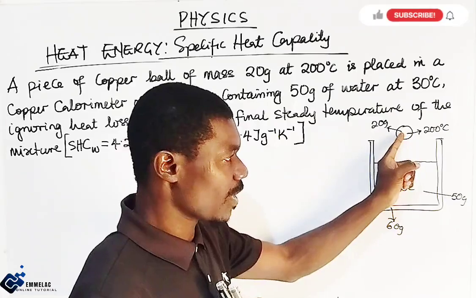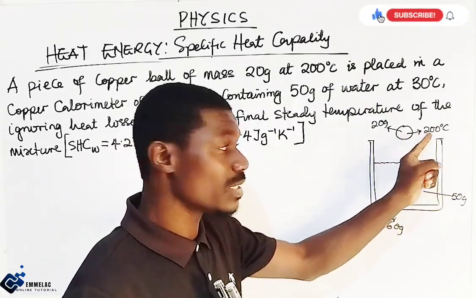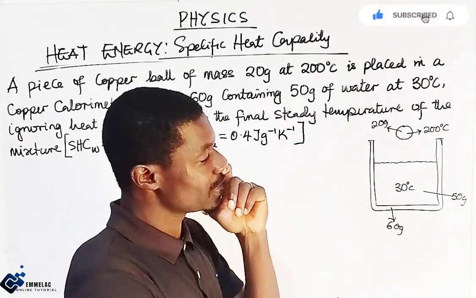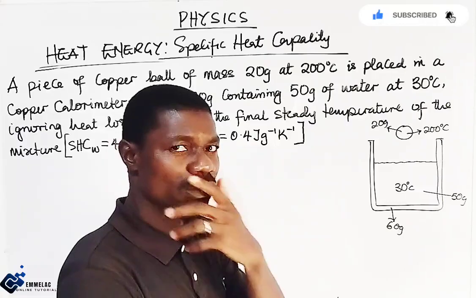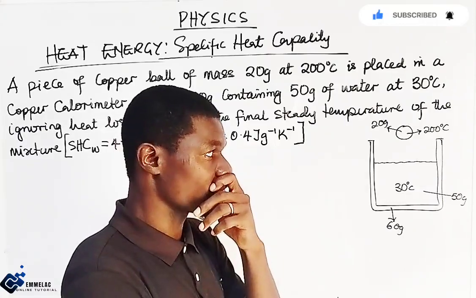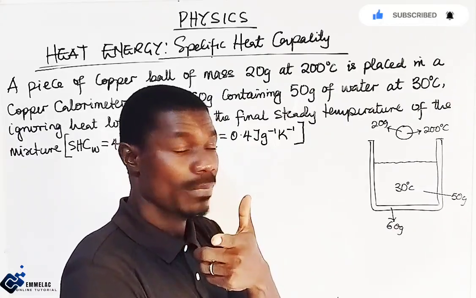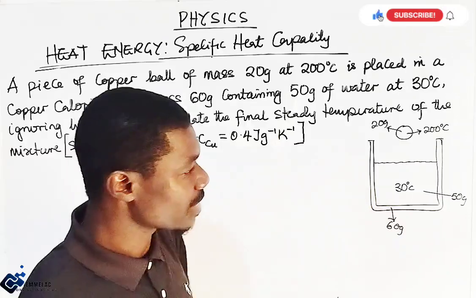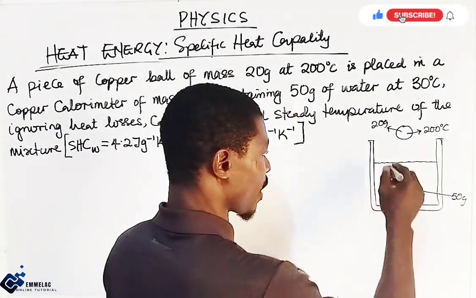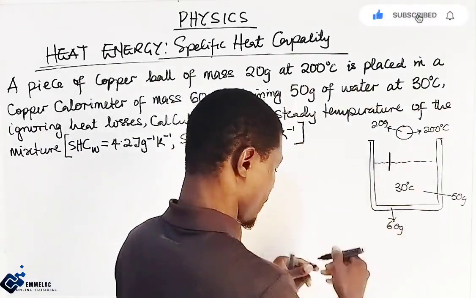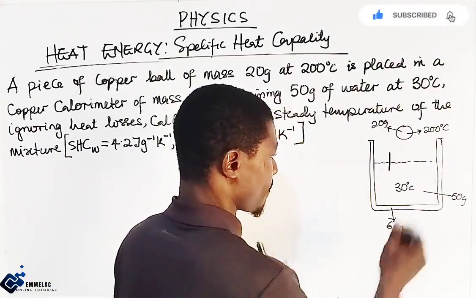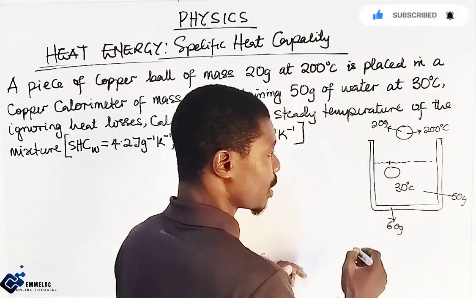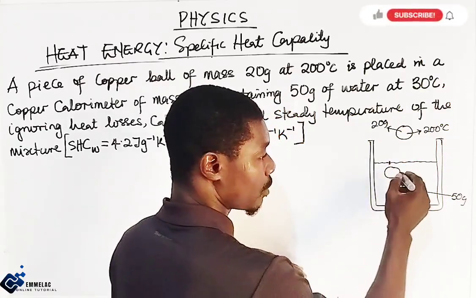If this metal at 200 degrees Celsius enters this calorimeter, what do you think will happen? Here is what happens as it is being dropped into this water. This is the ball.